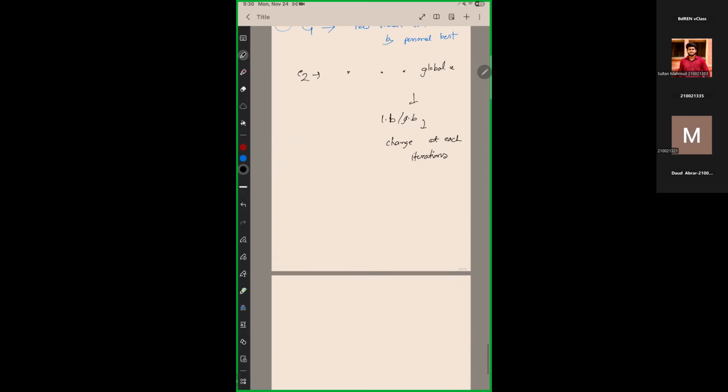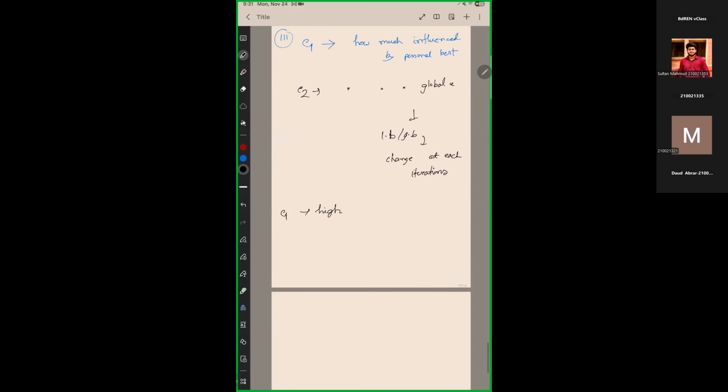Let's see. Now, if C1 is high, what will happen? Only focused on its own best. If your C1 value is very high, then the particle is only focused on its own best. It will not try to mimic others.